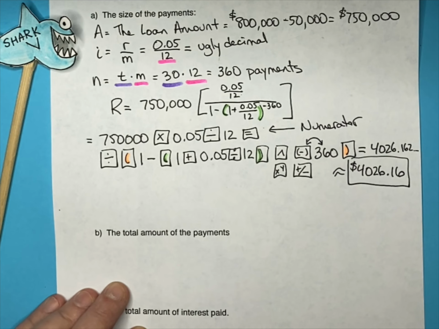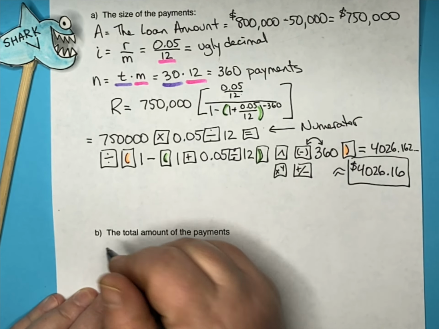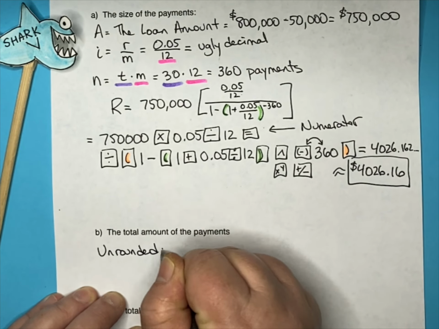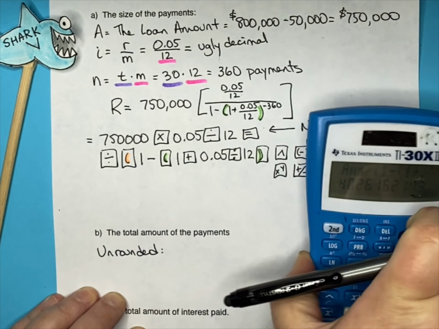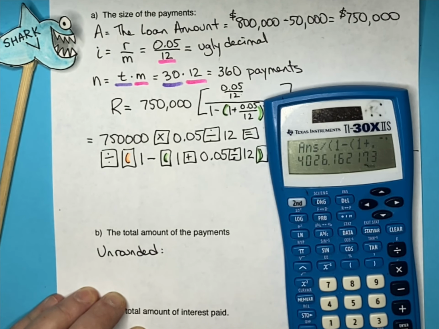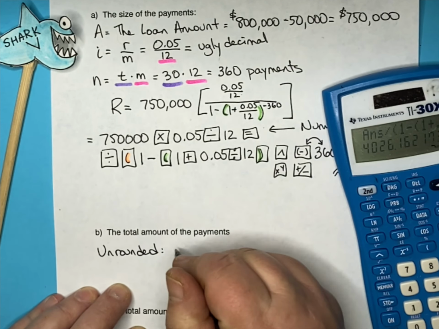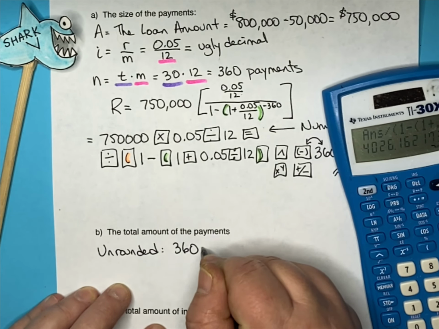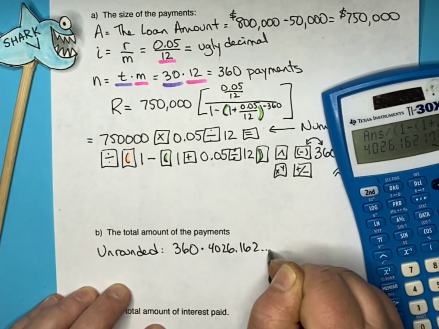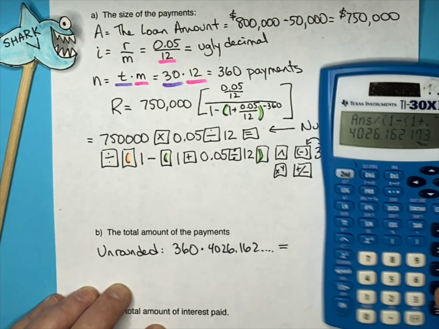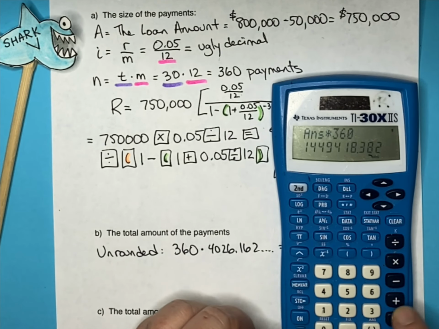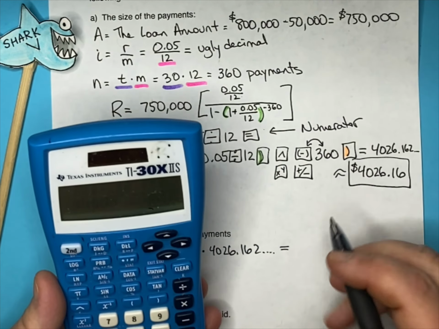There are two ways to answer this. Officially, if you have this amount and the calculator knows more digits than it's telling you, all you have to do is multiply 360 times 4026.162... And so if I multiply by 360, we get, can you guys see that?